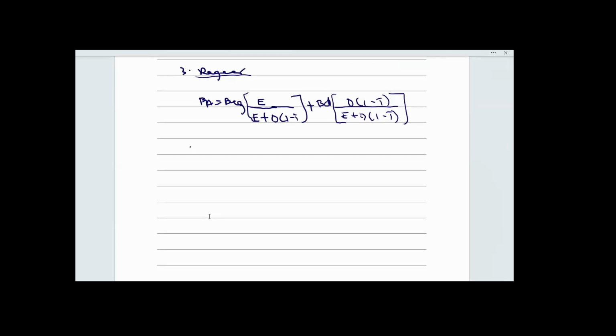The beta assets is 1.08, equal to beta equity of ungeared, which is what we are looking for. We don't know it yet. So equity value of Kilimanjaro, 33,920 over 33,920 plus the debt value of 17,400, 1 minus tax, 0.65.